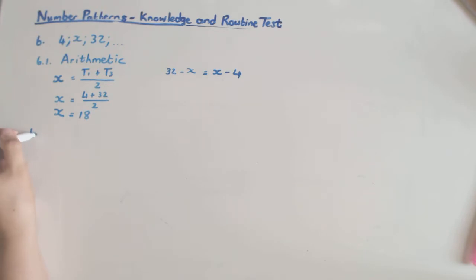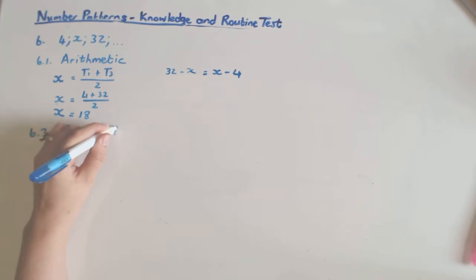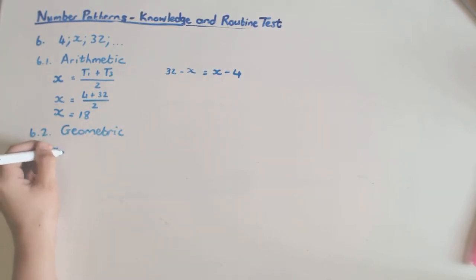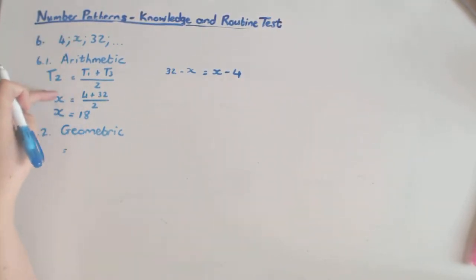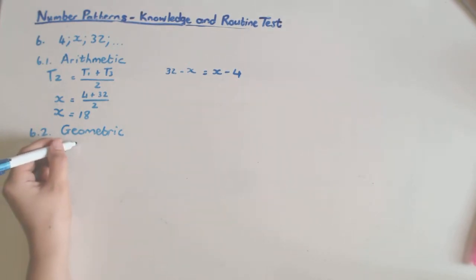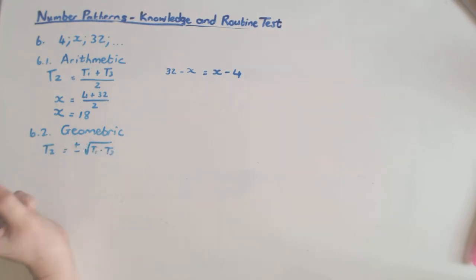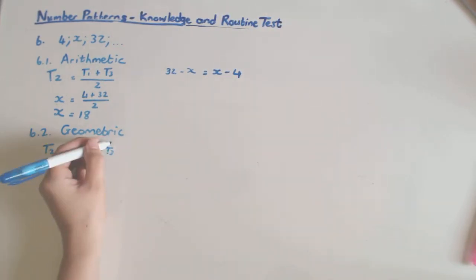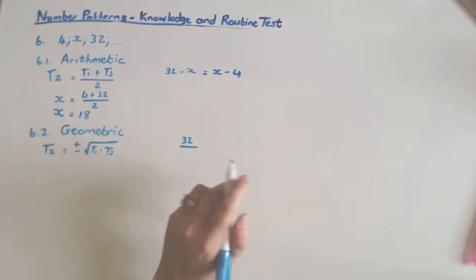Okay, and for the geometric one, there's also a formula that term 2 is plus or minus the square root of term 1 times term 3. So there's a formula, but yet again, if you forgot about this formula, you don't know it, or you're not comfortable using it, you can also say that there's a constant ratio if it's geometric.